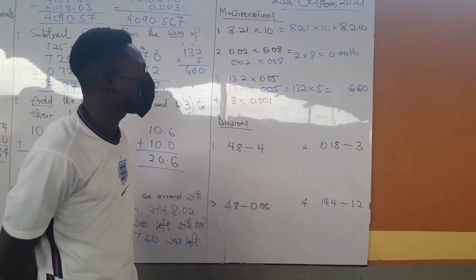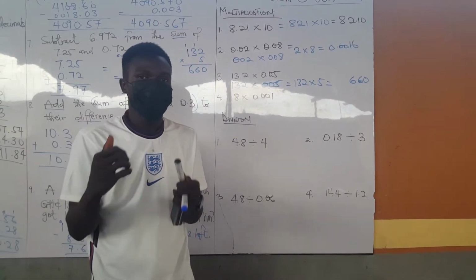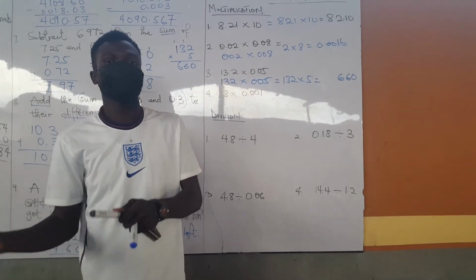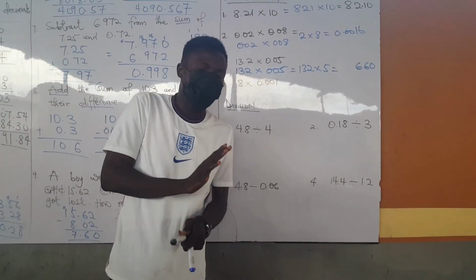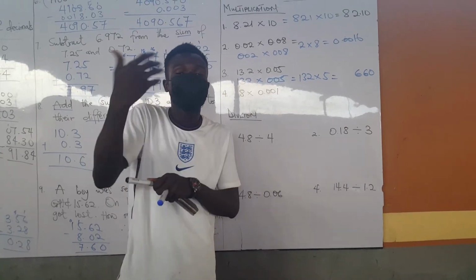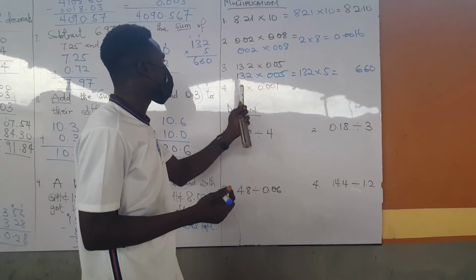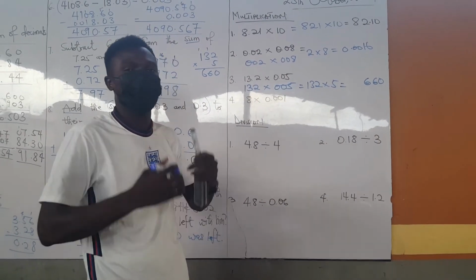Now come to this number. How many numbers are after the decimal point? Anytime you take off the decimal point, we took it off so that we will be able to multiply in an easy way. Good. So the numbers after the decimal point are 1, 2, 3. They are 3.